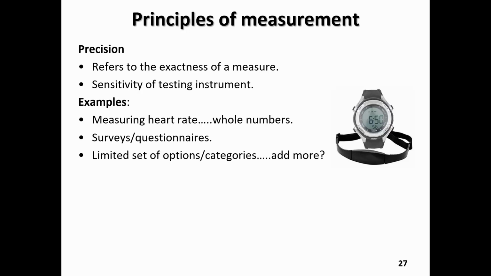Surveys and questionnaires do have a degree of precision, and the question as to whether to add more precision means that the questions would need to add additional selection options for the people that fill out the survey, or more categories.